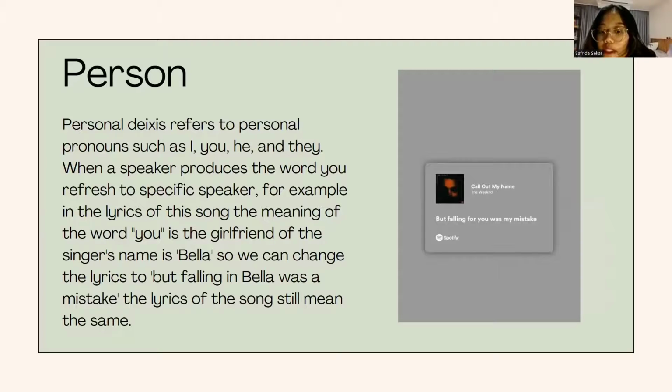For the example that we found in the lyrics of this song, the meaning of the word you is the girlfriend of the singer, whose name is Bella. So we can change the lyric to "but calling in Bella was a mistake." The lyrics of the song still mean the same. All personal pronouns work like this, with the most obvious pronouns being I and you. Next slide, please.